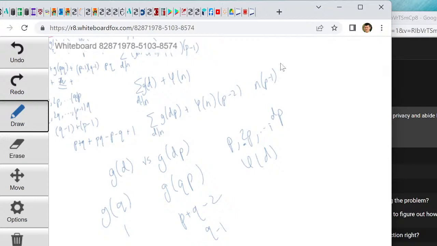Get more. So any prime that you had before, you can only go up to D on Q.